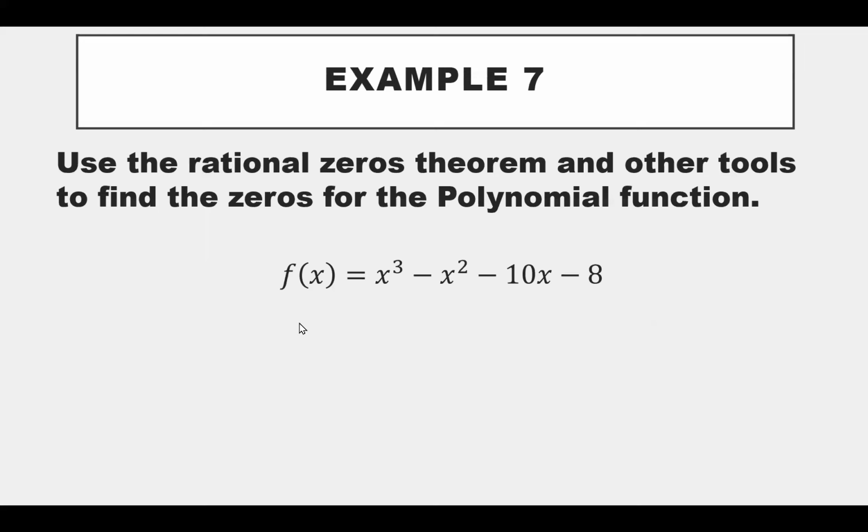Let's do an example to show how this works. We have f of x is equal to x to the third minus x squared minus 10x minus 10. This cubic polynomial has all rational number coefficients. Therefore, I can use the rational zeros theorem, and along with the other tools that we've been using, to find the zeros of this polynomial function.